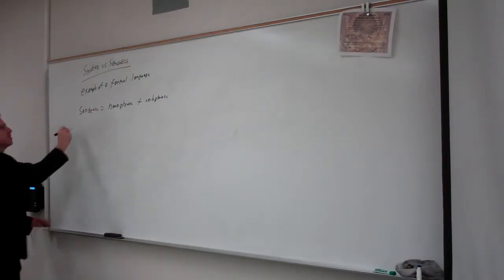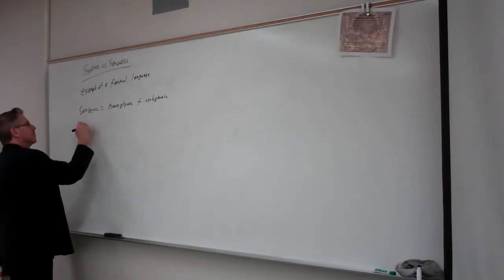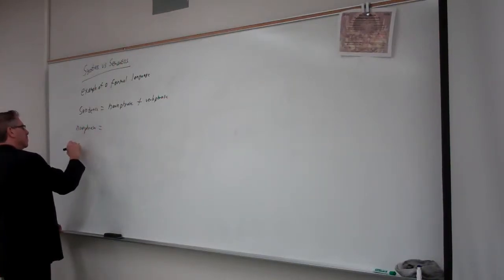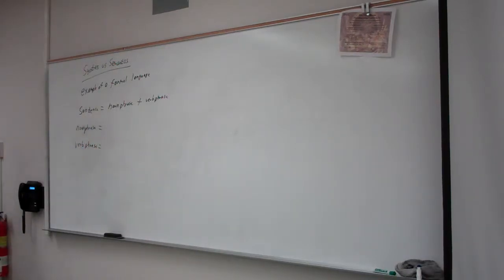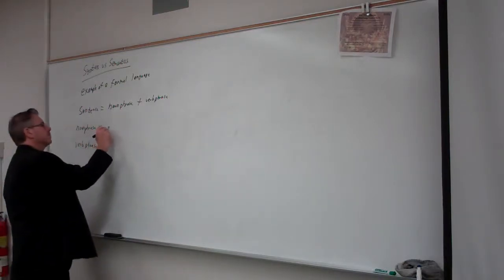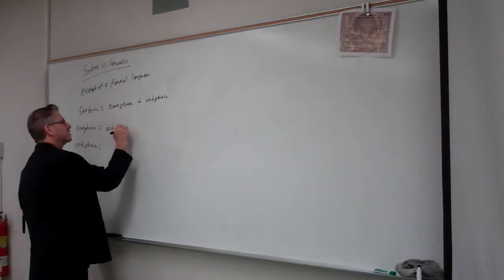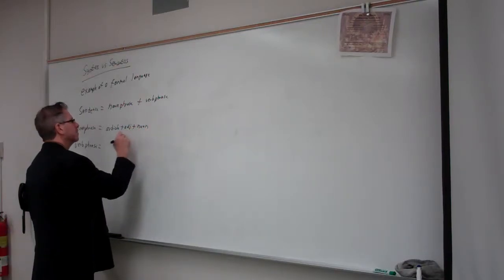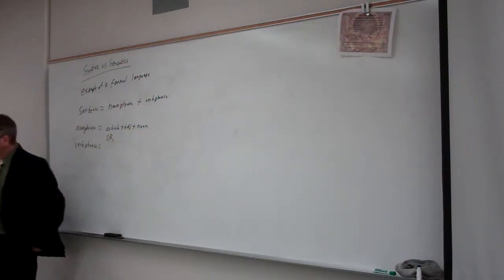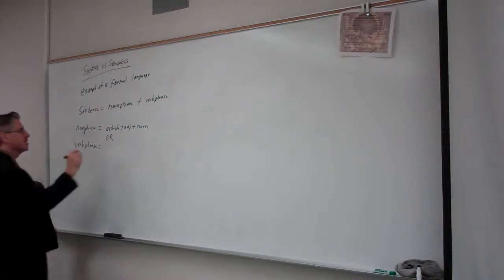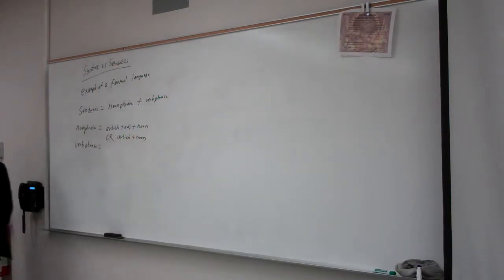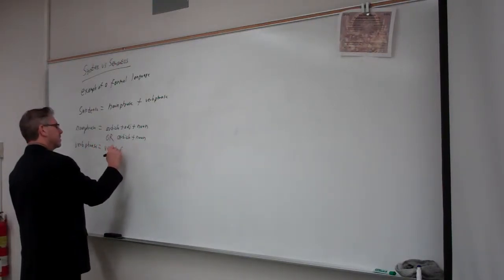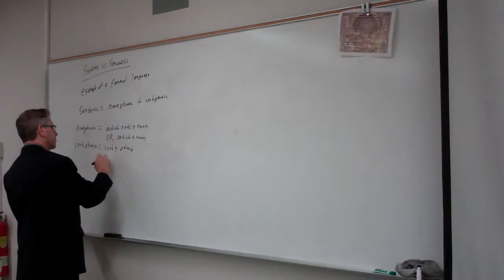And a noun phrase and a verb phrase are as follows. A noun phrase is an article plus an adjective plus a noun, or just an article plus a noun. A verb phrase is a verb plus an adverb, or just a verb.